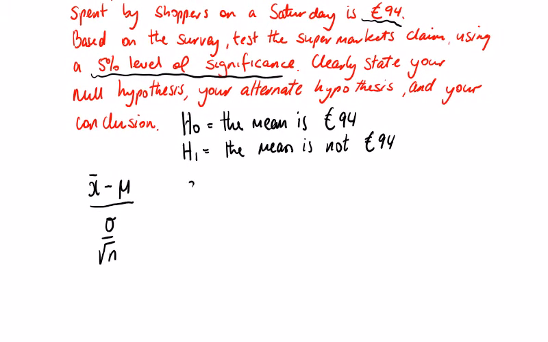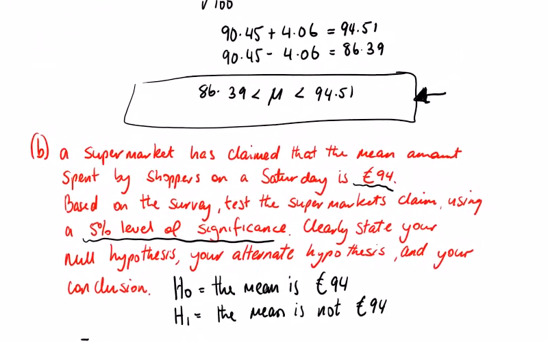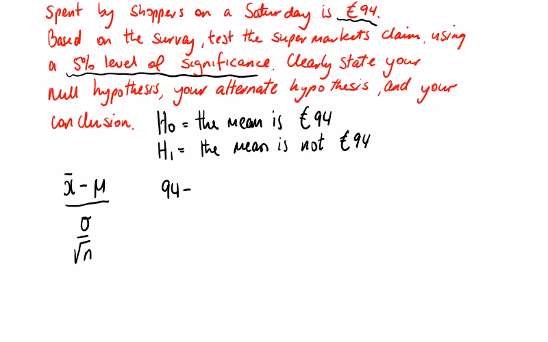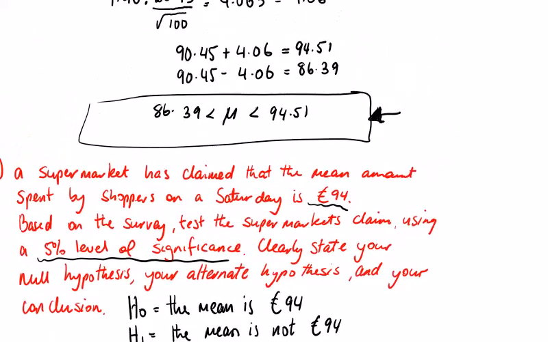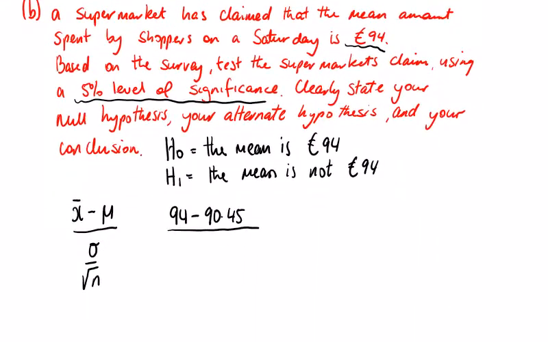So we're testing 94. The average was 90.45 from above. My standard deviation was 20.73, and we're dividing by the square root of 100, or just 10.